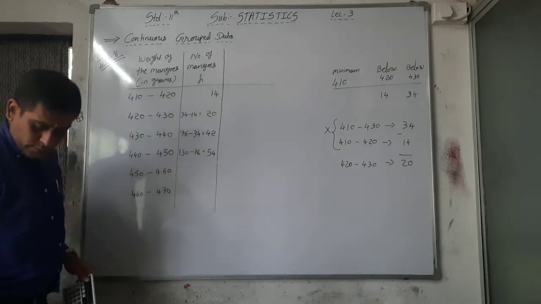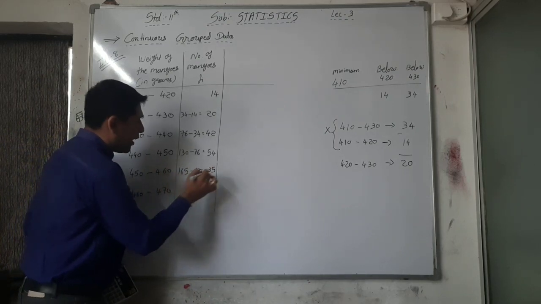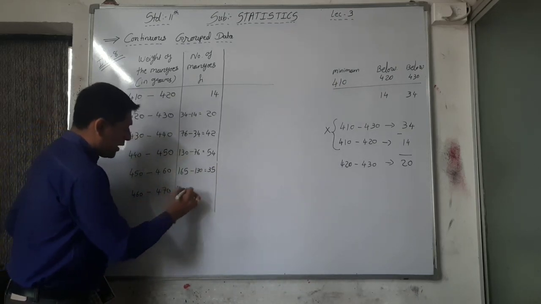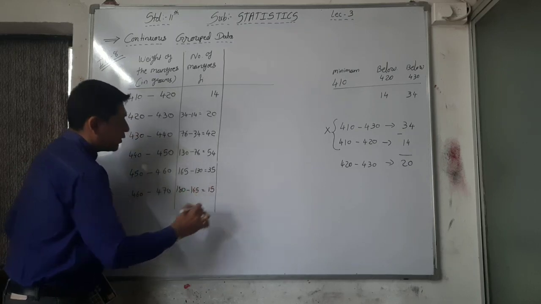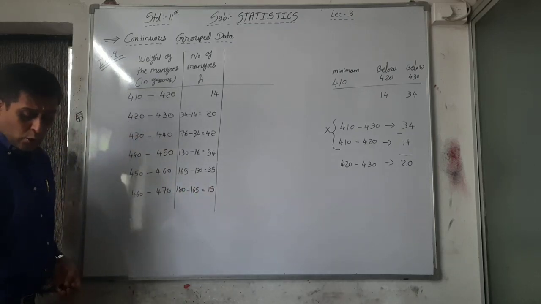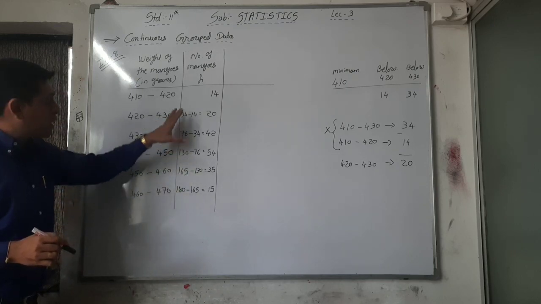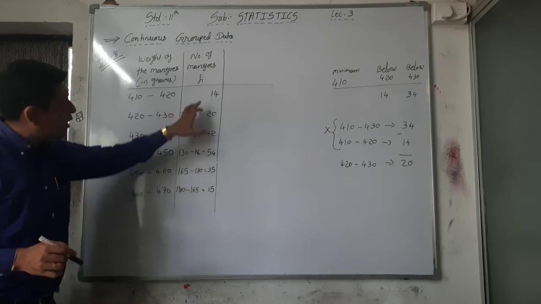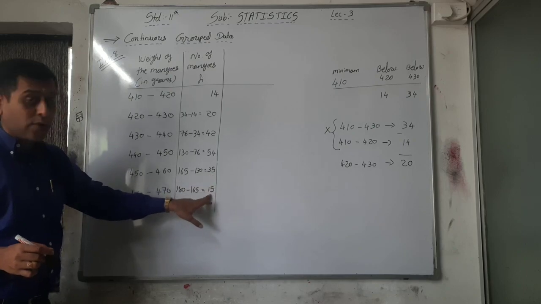Next is 165 minus 130, that is 35. And the last one is 180 minus 165, it is 15. You don't have to write these calculations, it is just for your information. You have to write just these frequencies: 14, 20, 42, 54, 35 and 15.